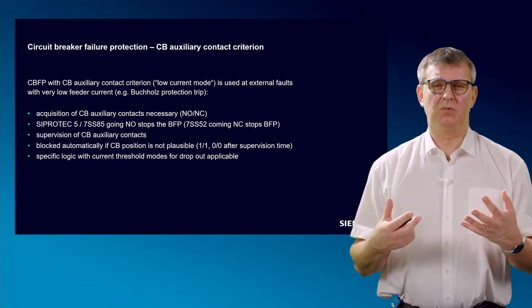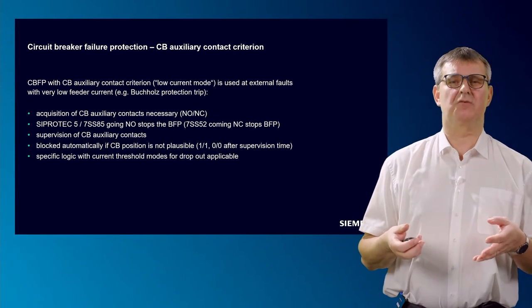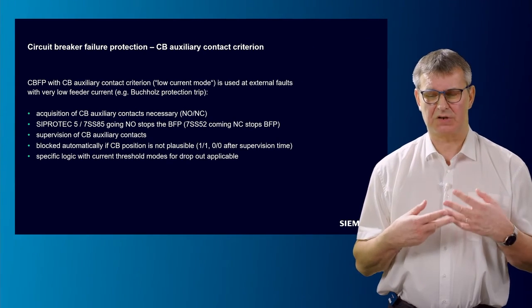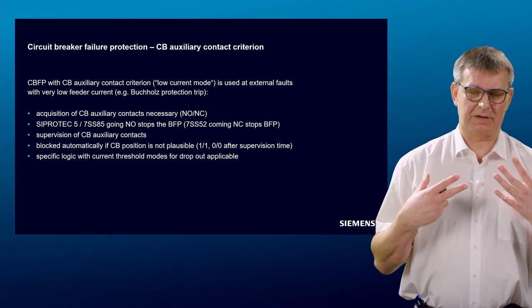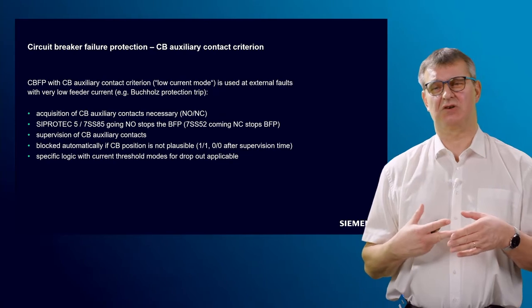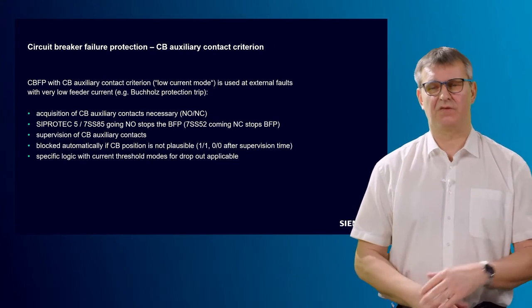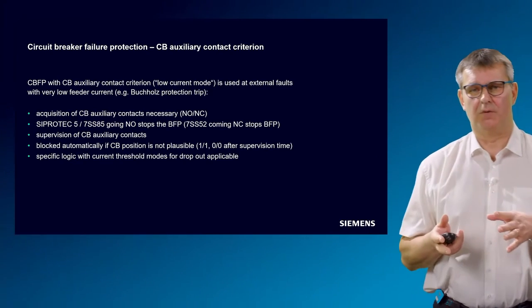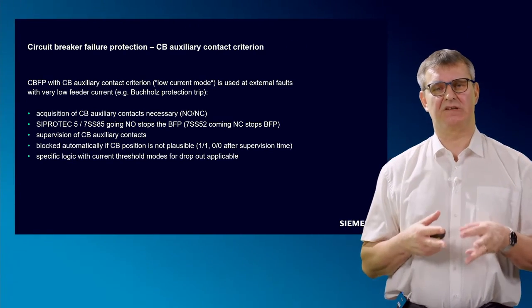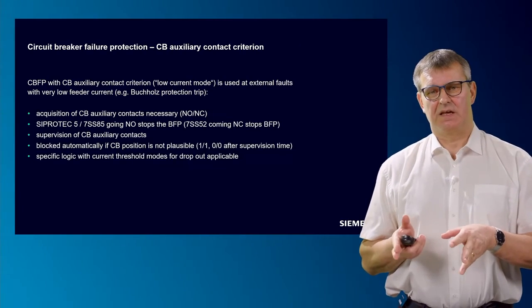So let's assume we have enabled the auxiliary contact criteria in this circuit breaker failure protection function, and we have nevertheless a current threshold of, let's say, 0.5 of the nominal current. If the circuit breaker failure protection has been started and the current is below the current threshold, then the circuit breaker failure protection function will work with the auxiliary contacts.